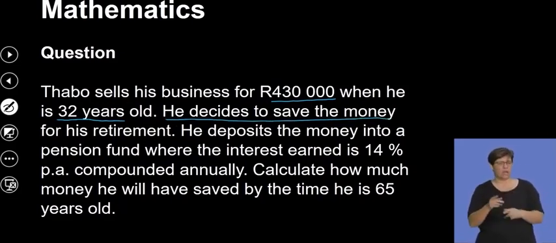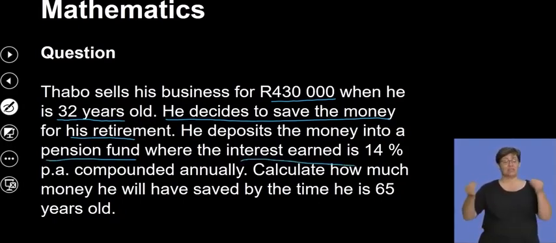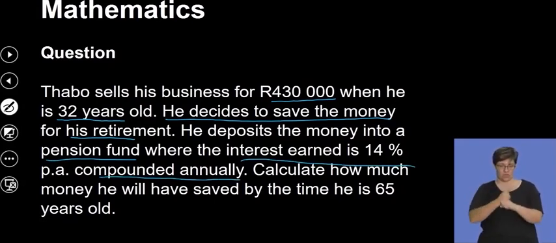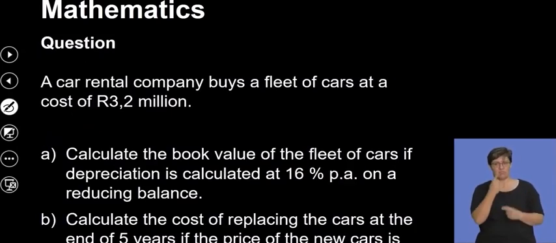He decides to save the money for his retirement, right? Then he deposits the money into a pension fund where the interest that is earned is 14% compounded annually. Calculate how much he's going to have when he is 65. So automatically you know that it's after 33 years. So you will need to do that.